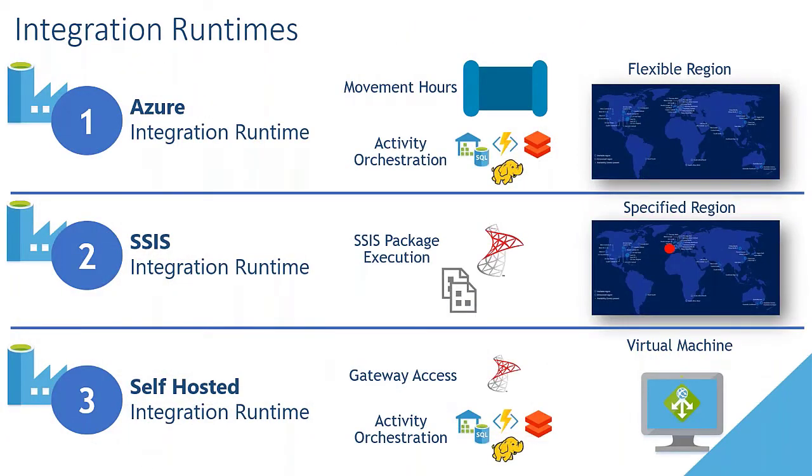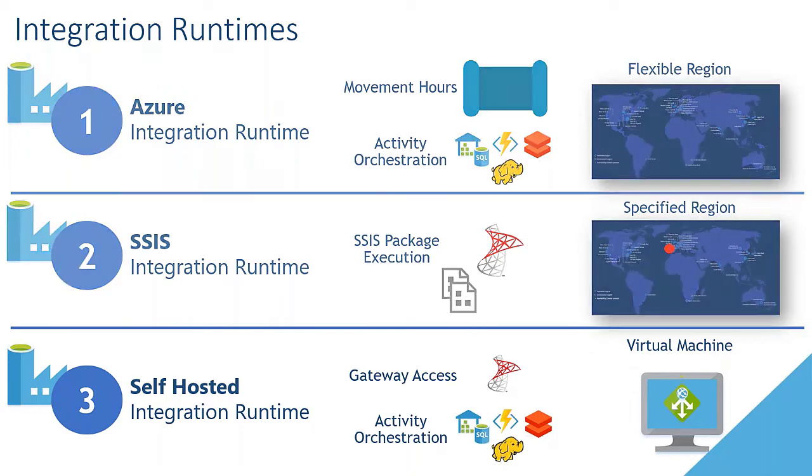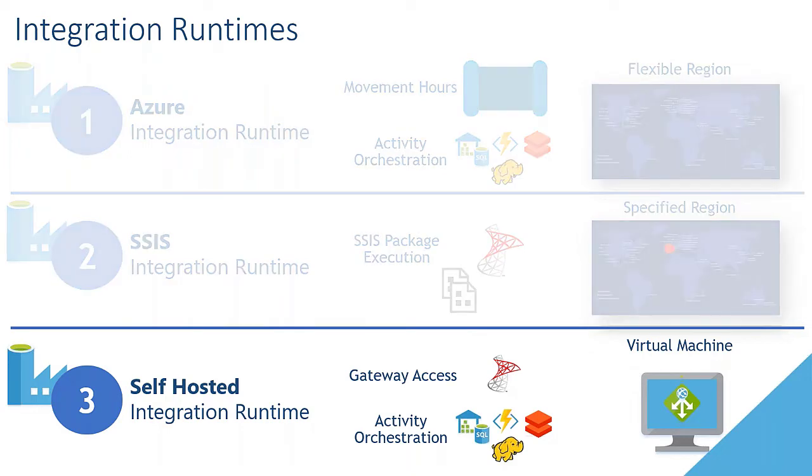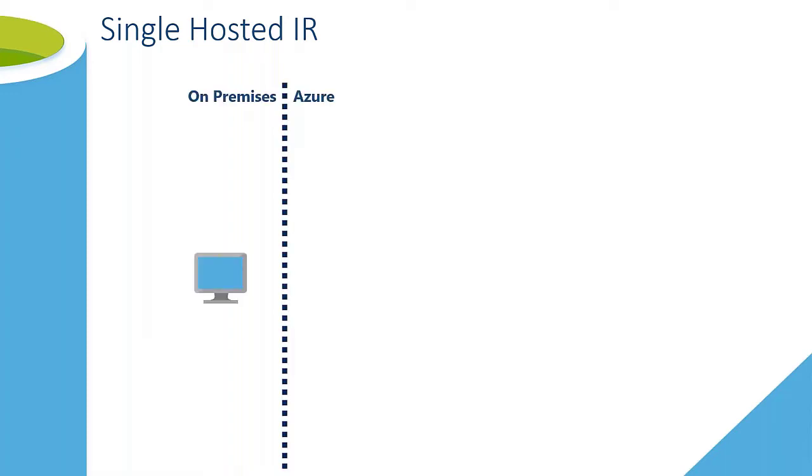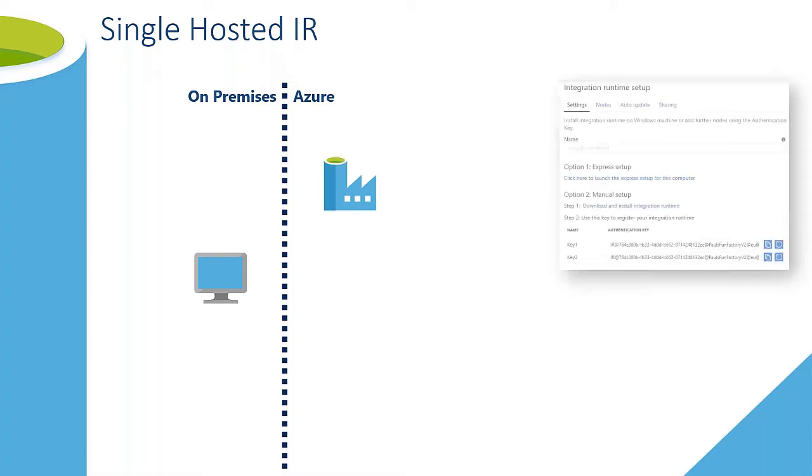Okay, let's move on. Let's come back to our integration runtimes, and then let's just go a little deeper into our hosted IR. As I've said, this hosted IR will allow us to get data from our on-premises resources. With a single one of these, we will have a Windows box that could sit locally or wherever, and we have our data factory, and we say in our data factory, create me one of these hosted IRs.